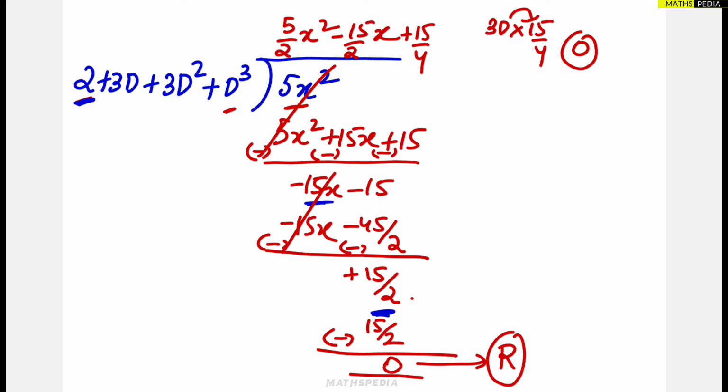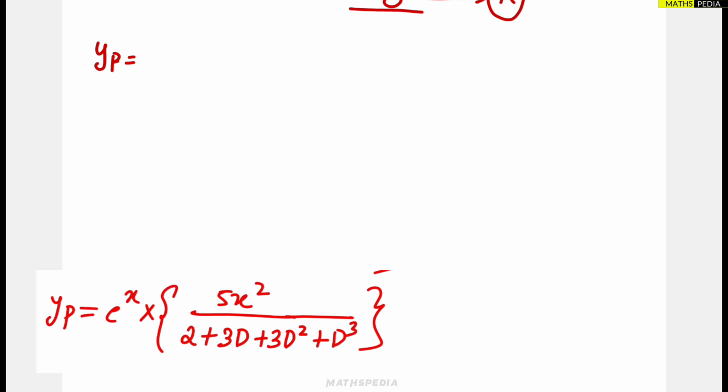See, yp always will be what? The quotient. The quotient after getting the remainder as 0. This will become yp. yc we have already calculated, just add them. Always remember, don't make a mistake here, because e power x was sitting there. Here we got 5 by 2 x square minus 15 by 2x plus 15 by 4.